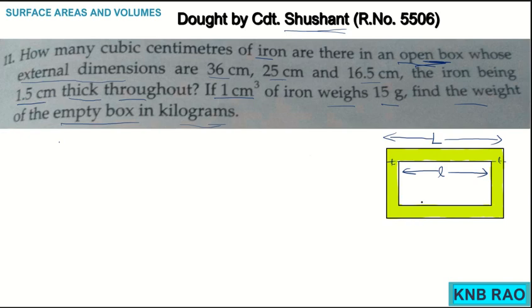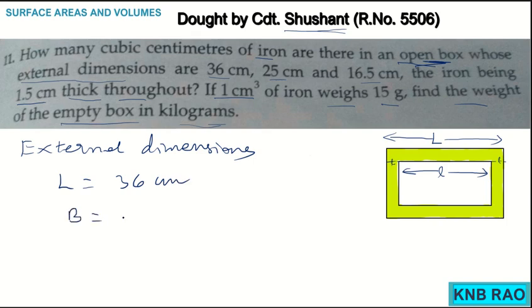Understood? If it is closed or if it is open, only on the top I will not have that structure of thickness. Okay, now I am going for external dimensions, where capital L is 36 centimeter, capital B is 25 centimeter and capital H is 16.5 centimeter.